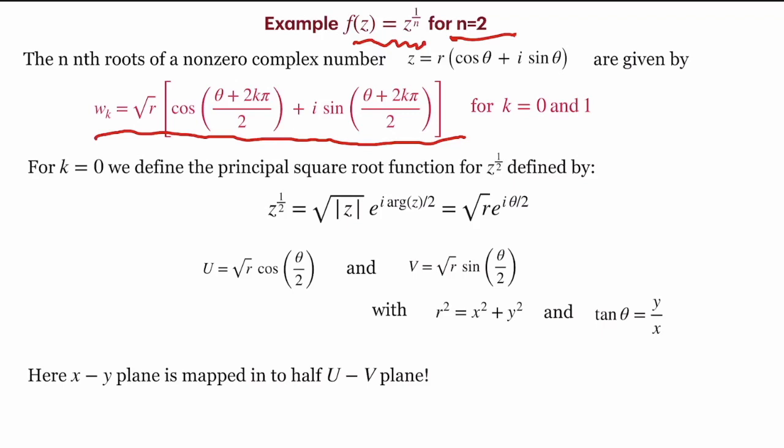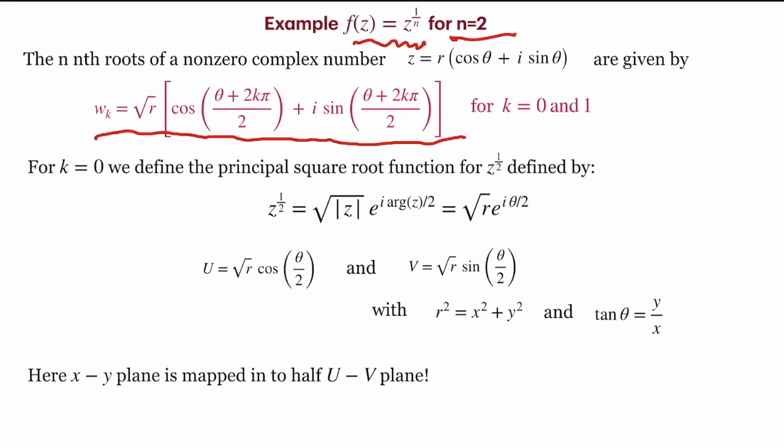If we take k = 0, then we can define the principal square root function, which is z^(1/2), the square root of mod z into e to the power argument of z by 2, explicitly square root of r e^(i theta/2).